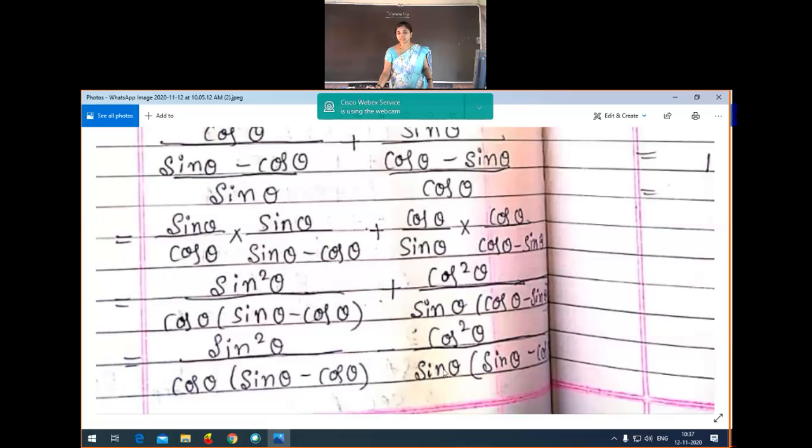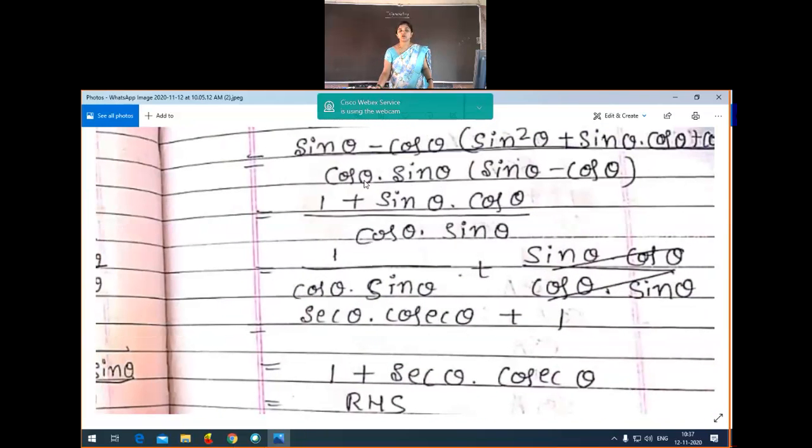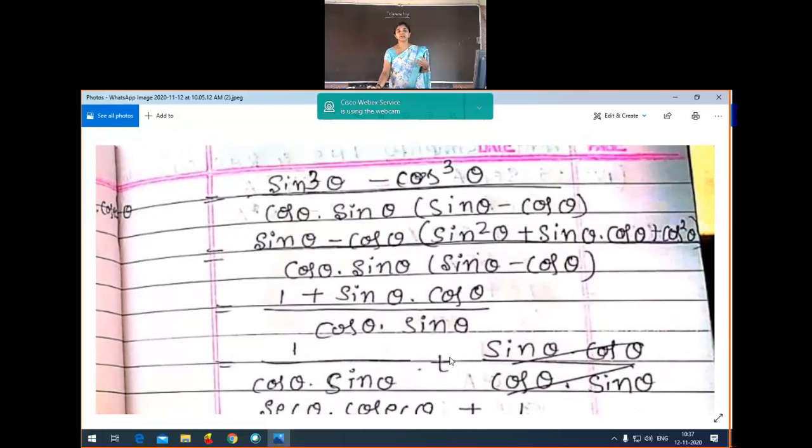Here in this denominator sin theta into sin theta minus cos theta. See this sin theta minus cos theta and this sin theta minus cos theta is same, no? So what is the LCM now? Cos theta into sin theta minus cos theta. Got the idea of this LCM step? See here, LCM is cos theta into sin theta minus cos theta. This is the LCM. Now, if this is the LCM, what changes happened in the numerator we have to see.